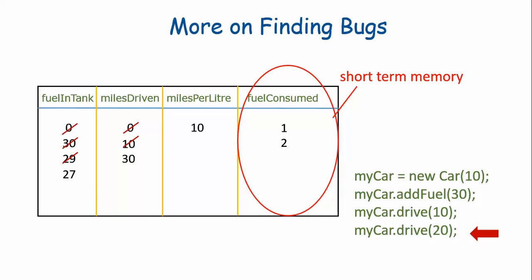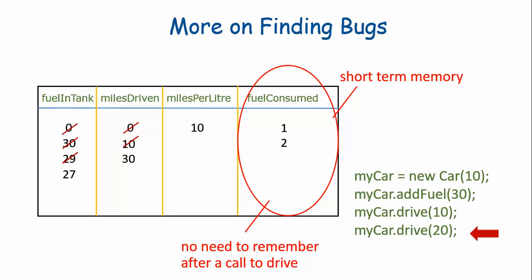Do you want to remember what you ate forever? No. In the same way, storing this value fuel consumed every time you consume some fuel in the car, every time you drive somewhere, is sort of meaningless. So we need not store this particular value of fuel consumption every time we drive.